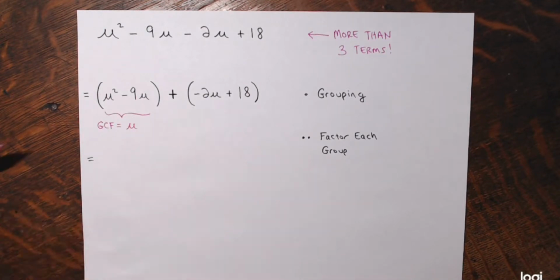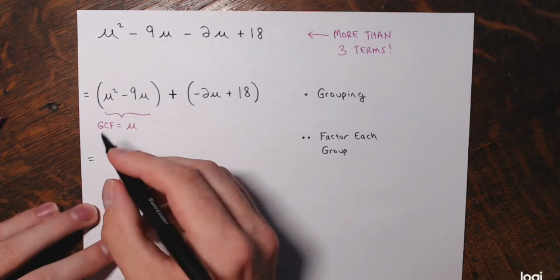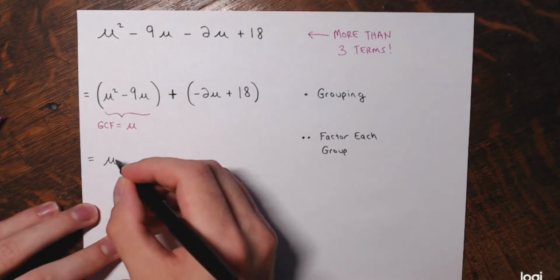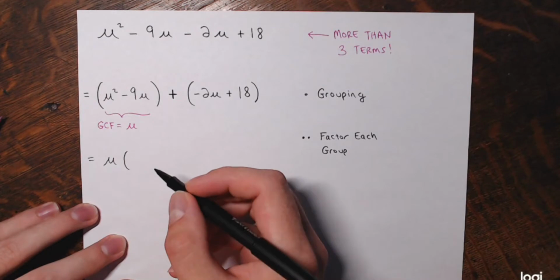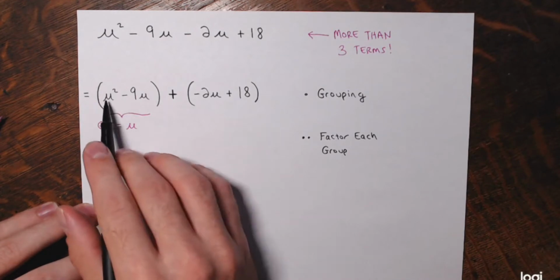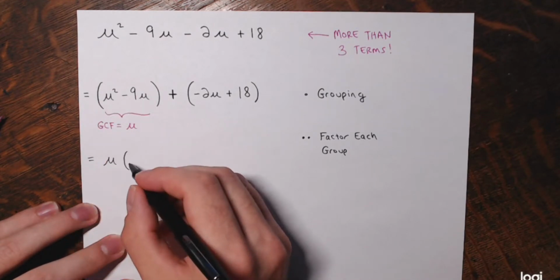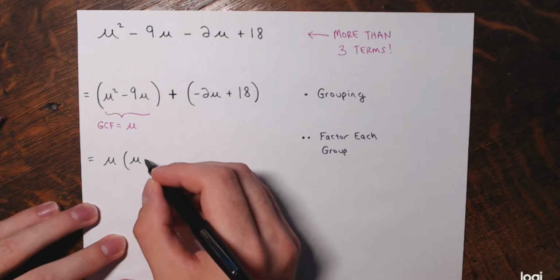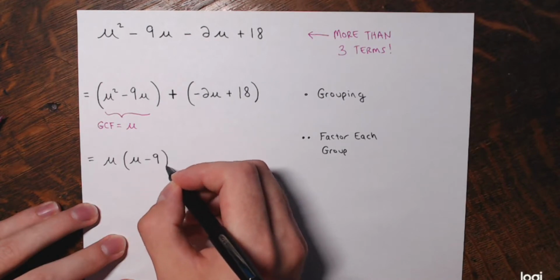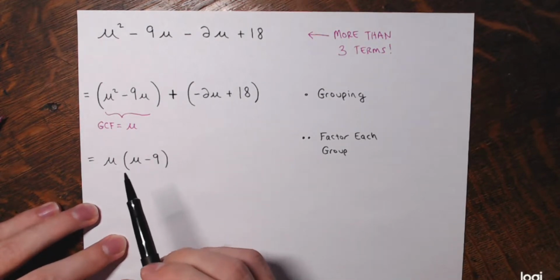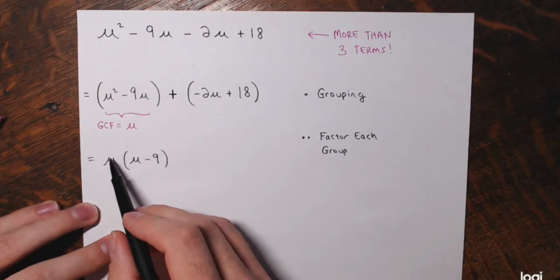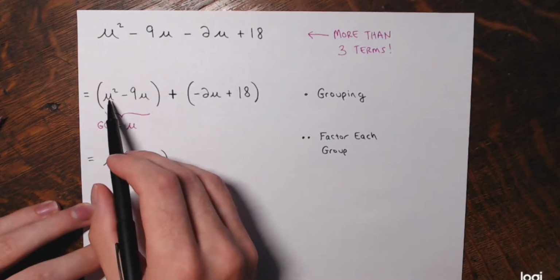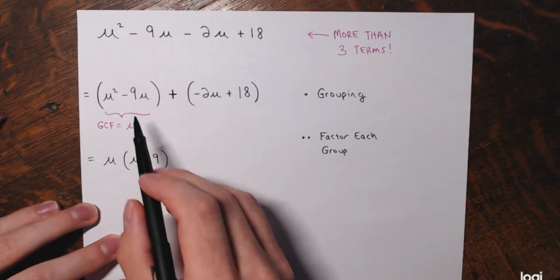Alright, so then I pull out the factor of u, and it's just like reversing the distributive property. If I pull out a factor of u, the factor remaining would be u minus 9. And you can double check your factoring by multiplying. Multiply u by u, you get u squared, and u by negative 9, you get negative 9u.